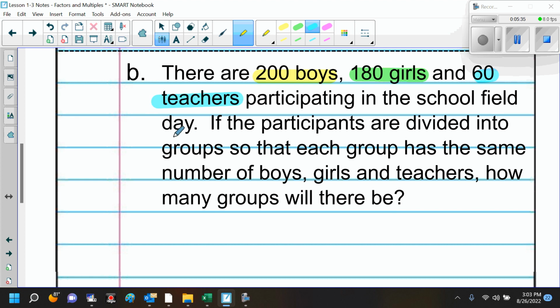If the participants are divided into groups so that each group has the same number of boys, girls, and teachers, how many groups will there be? Okay, so what we are trying to find is the greatest common factor of 200, 180, and 60.